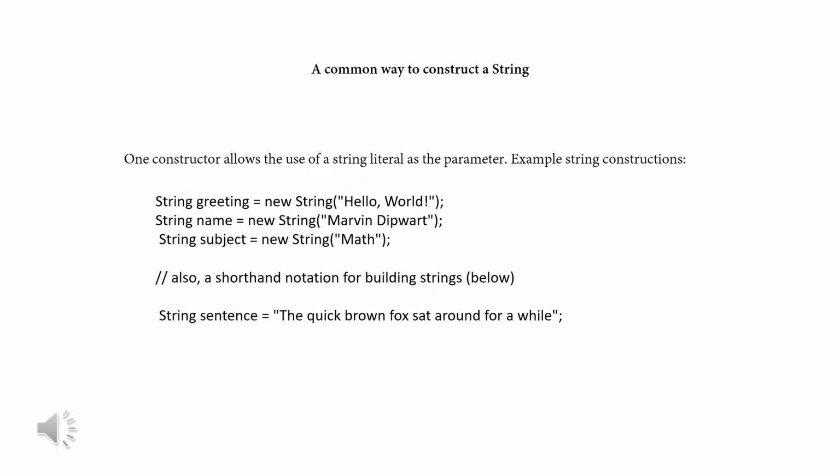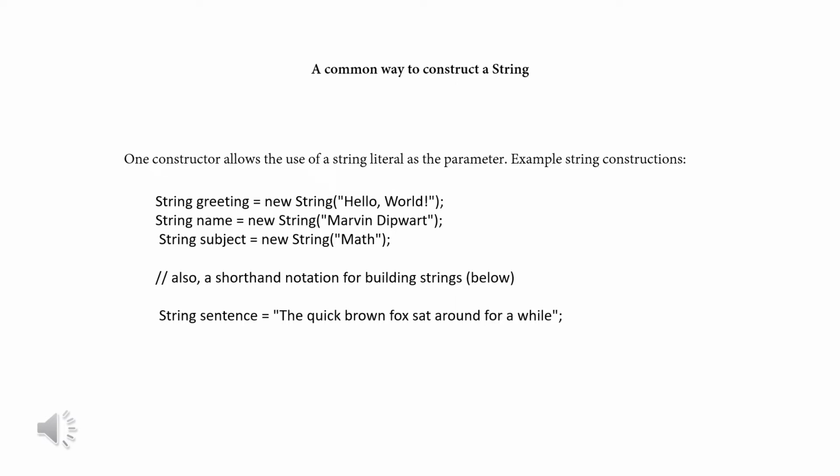Or, for example, you want to specify the name: String name equals new String, and inside the parentheses that name. Or String subject equals new String math. That's a very common way to construct a string, right?